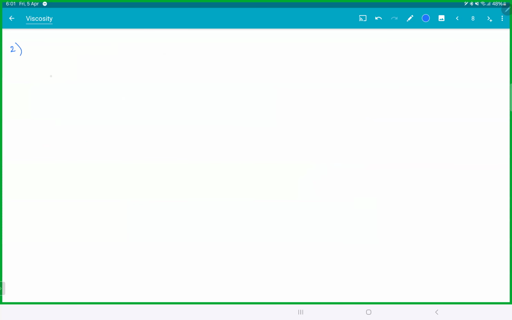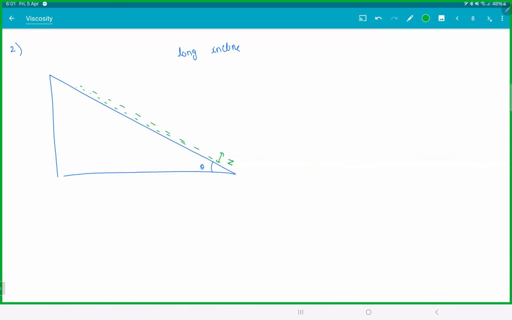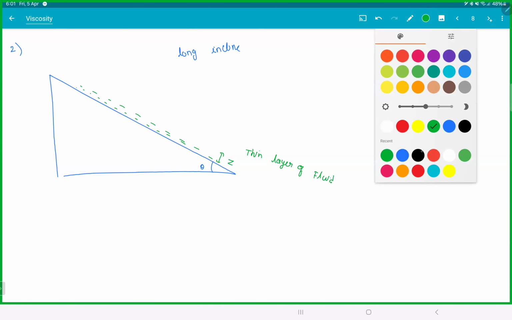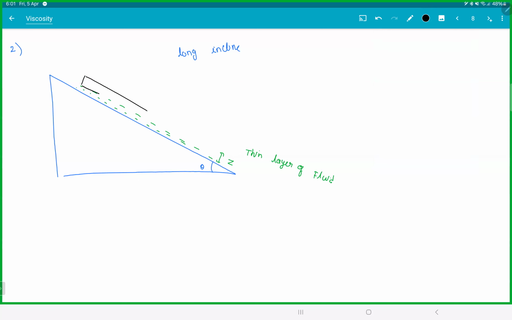Second one. Theta, we have a long incline. On this incline, you kept a thin layer of fluid. Thickness is Z. On top of this, you placed a plank of mass M, area A, released from rest.